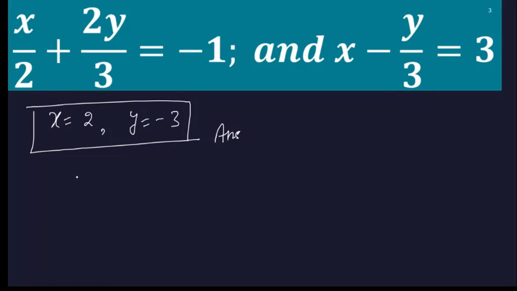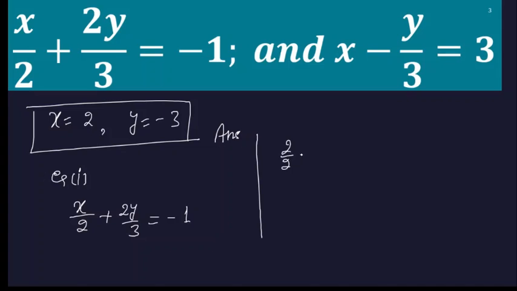If we want to check it within a minute, we can check it from equation 1. x upon 2 plus 2y upon 3 is equal to minus 1. The value of x is 2, so 2 upon 2, and 2 into minus 3 upon 3 should be equal to minus 1.